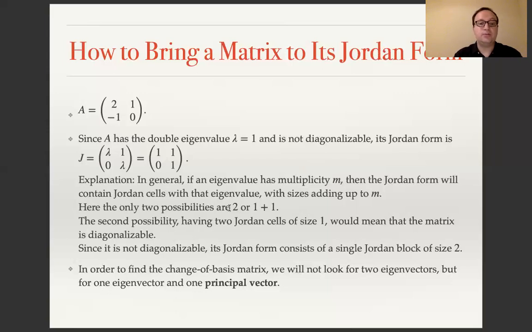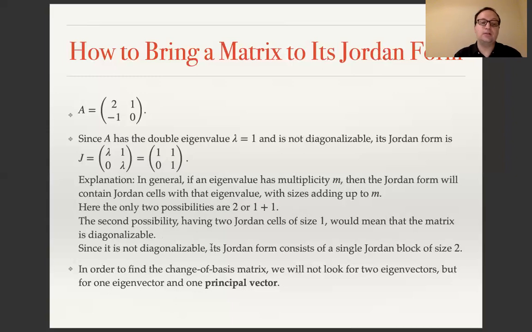Here, there are only two possibilities, so this is a double eigenvalue, and the only two possibilities are 2 and 1 plus 1. But if it has two Jordan cells of size 1, so 1 plus 1, this would mean that the matrix is diagonalizable, because a Jordan matrix that has only Jordan cells of size 1 is diagonalizable.